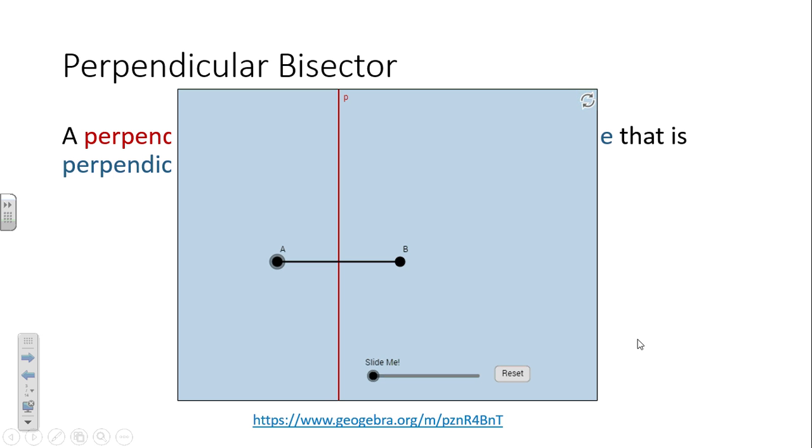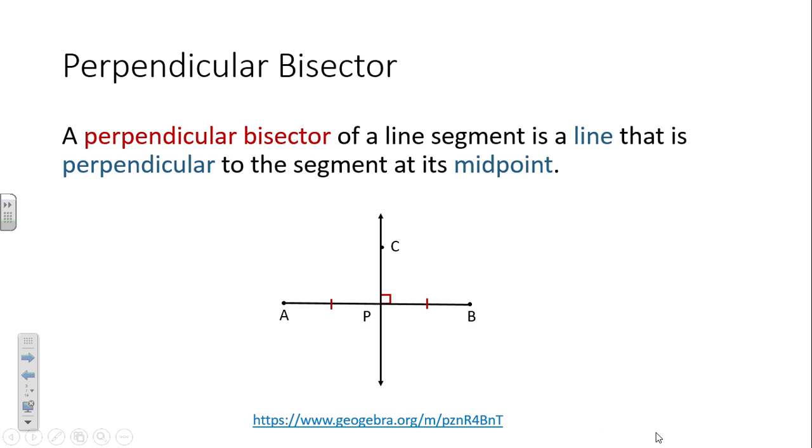So we need to come up with a definition of a perpendicular bisector. And it's going to say something like this. A perpendicular bisector of a line segment is a line that is perpendicular to the segment at its midpoint. Keyword there, midpoint.